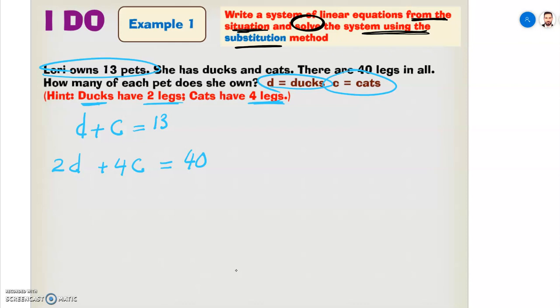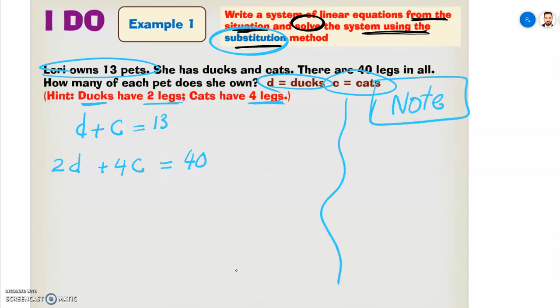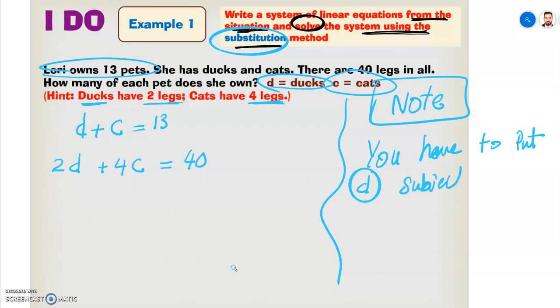After translating, what do I have to do? How can I start? Substitution method. How can I do substitutions? You note, which is a very important note, you have to put X or Y. Now I have D or C. So, for example, I'm choosing D as the subject, which is the leader variable.